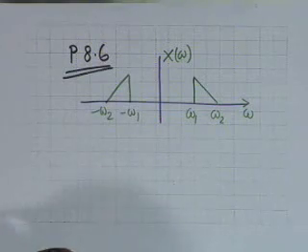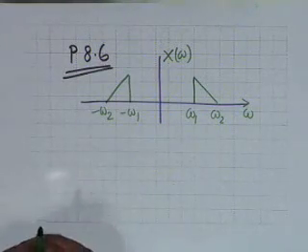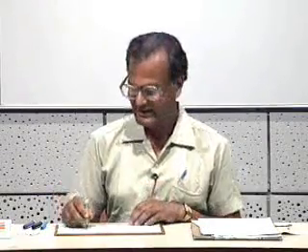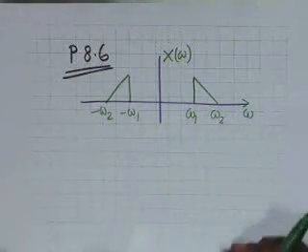The question is, what should be your sampling frequency? What is the minimum value of the sampling frequency? Obviously, Nyquist's sampling theorem states that omega s should be at least twice omega 2. Isn't that right? The highest frequency content is omega 2, so twice omega 2.